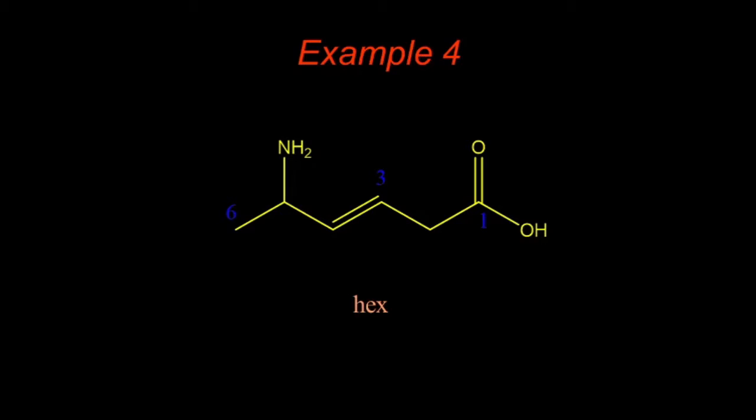It is an unsaturated carboxylic acid with a double bond between the third and fourth carbon atom, so it is 3-ene. Then the suffix oic and the word acid, and the last, 5-amino. Why 5? Because the amino group is attached to the fifth carbon atom.